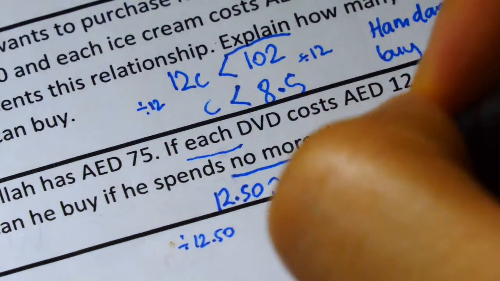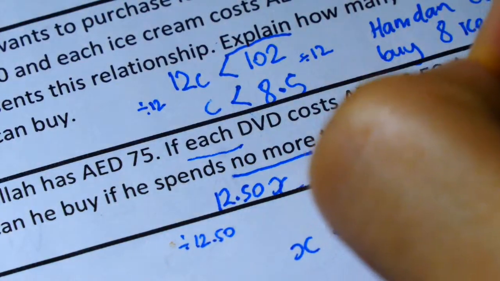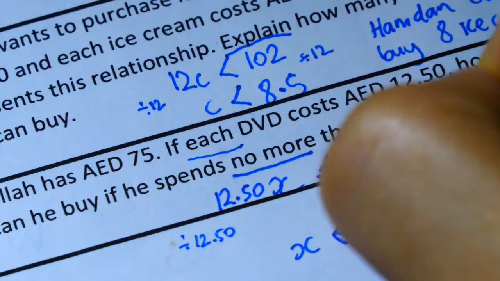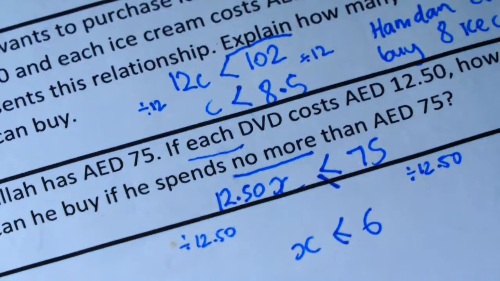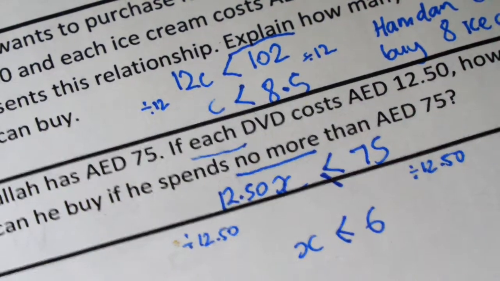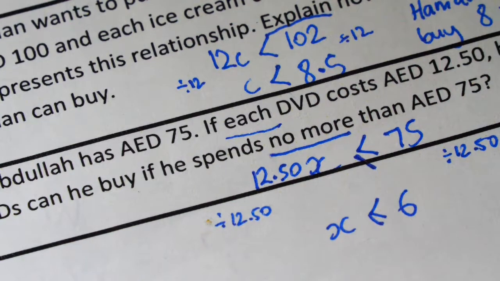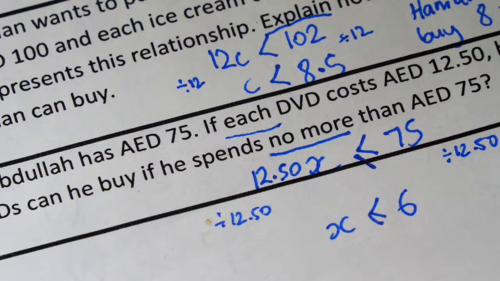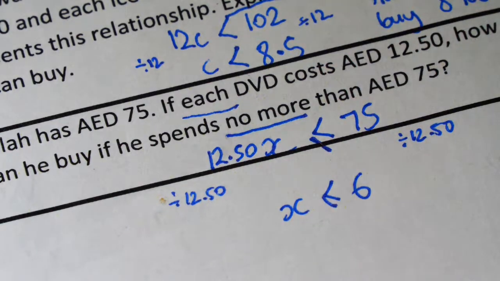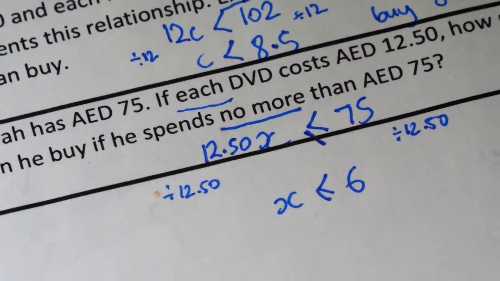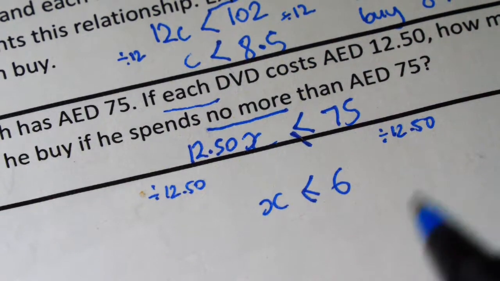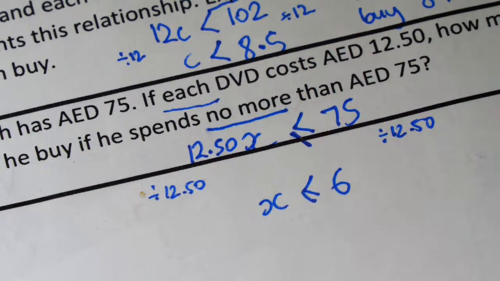We have x is less than or equal to 6. So Abdullah can buy less than or equal to 6 DVDs. He can still buy 6 DVDs and spend 75 dirhams, but he can't buy more than 6 DVDs. He can only buy up to 6 DVDs.